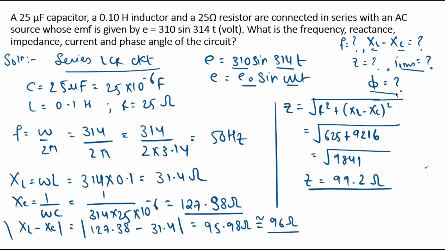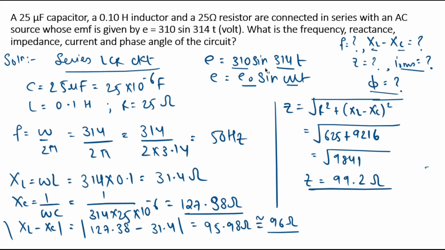Now what is remaining is the I RMS value and phase angle. So I RMS is given as E RMS upon Z. This formula is only for the series LCR circuit. So we don't know the value of E RMS, but we know what is E naught from this expression.